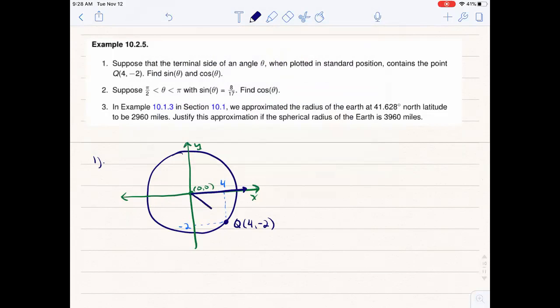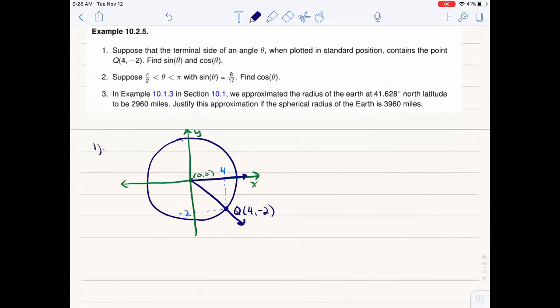And I can draw my terminal side. So then my theta must be there. From standard position, I'm going to 4, -2.